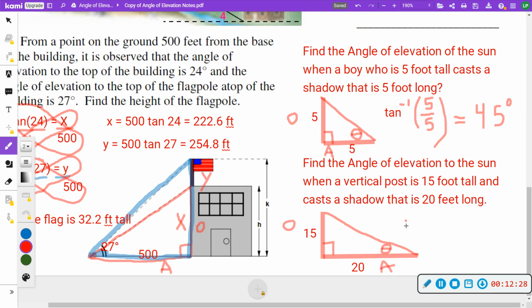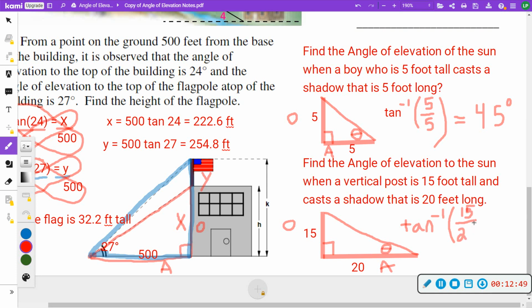And so I type in my calculator the tan inverse of O over A. That's 20.